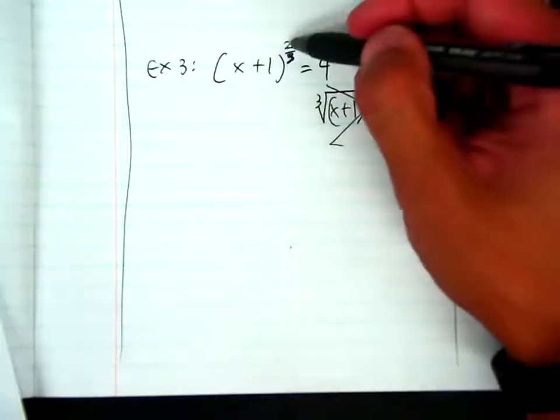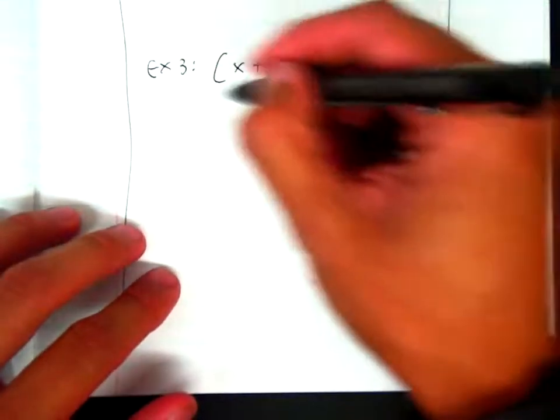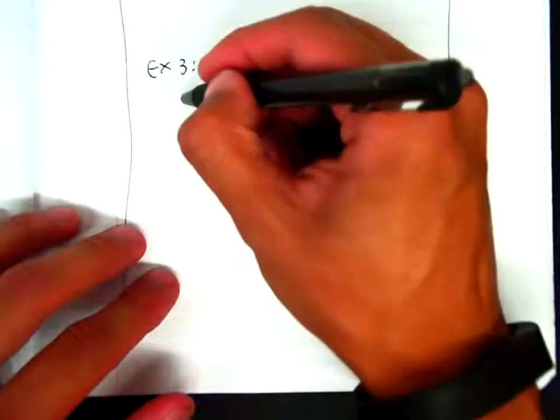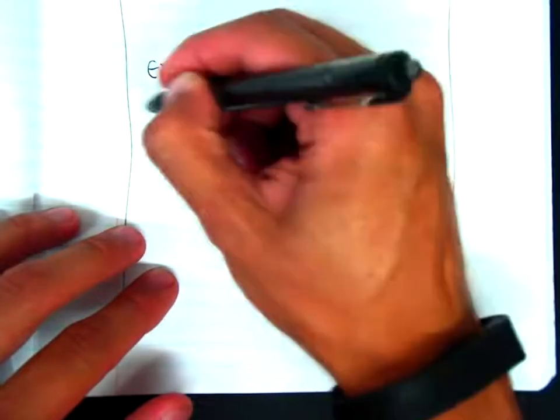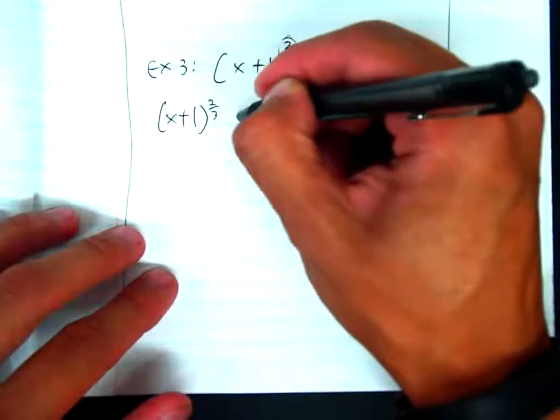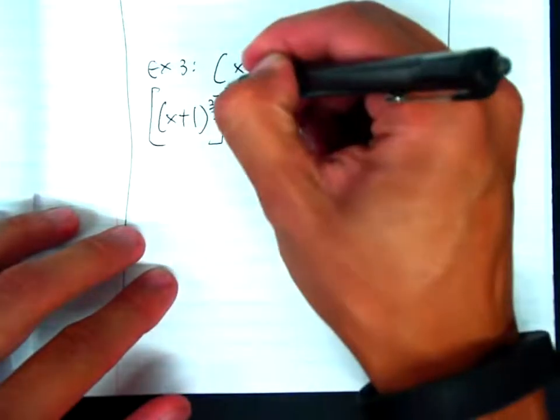To get this to be 1, I have to take it to the reciprocal of 2/3. So I'm going to take each side to the 3/2 power.